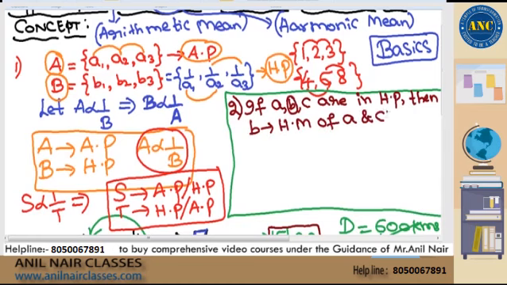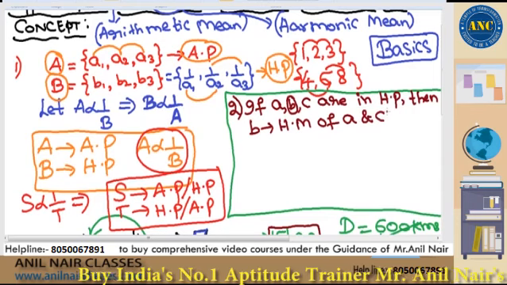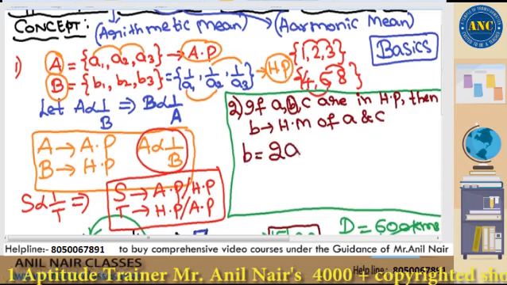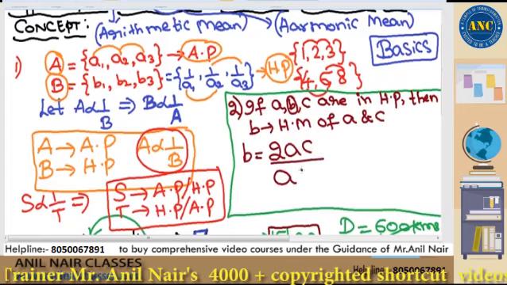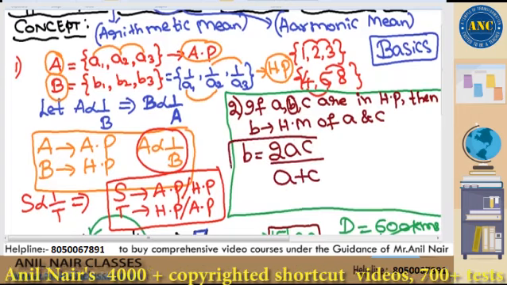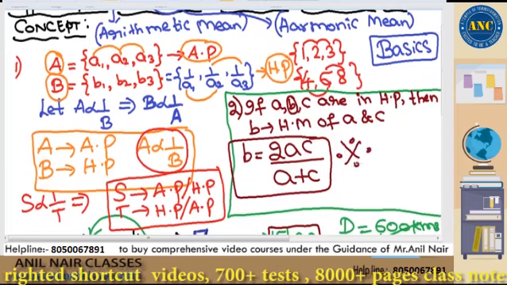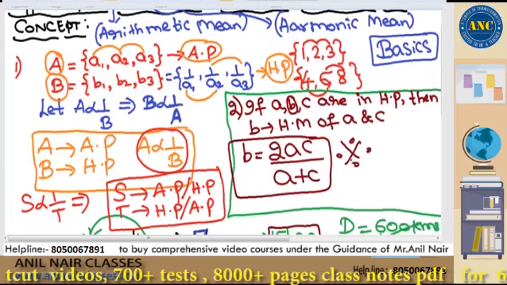And that B is given by 2AC by A plus C. Very, very important notation.